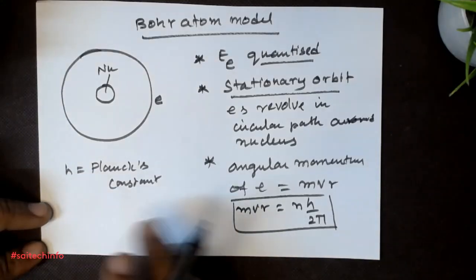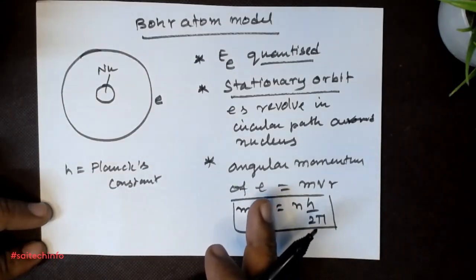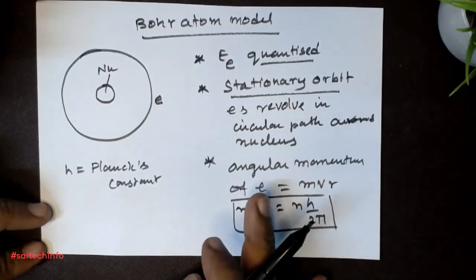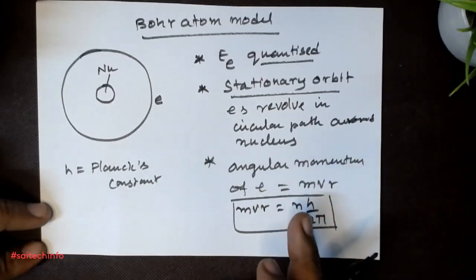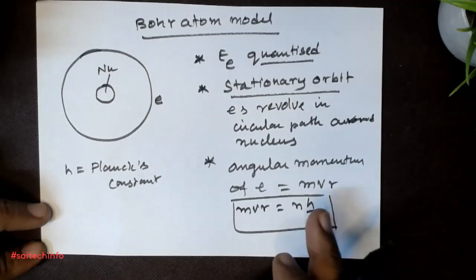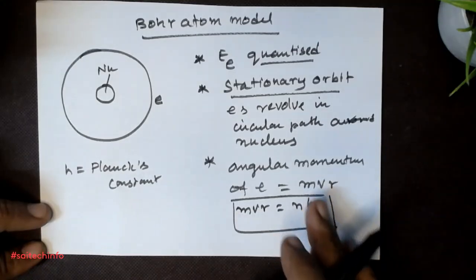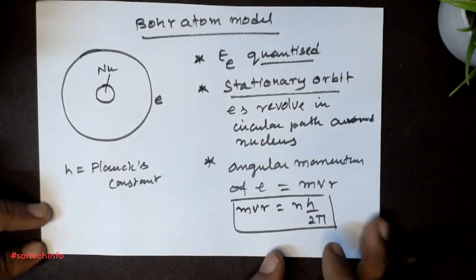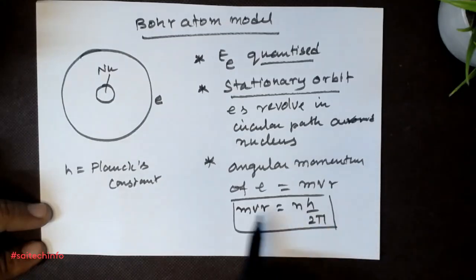Okay, so he described that an electron which possesses an angular momentum will have the integral multiples of h by 2 pi value.